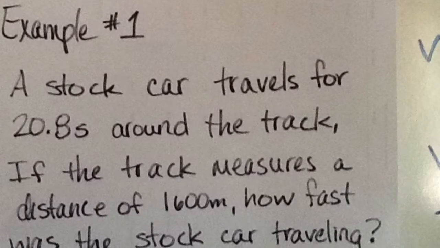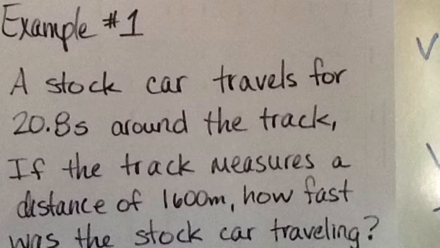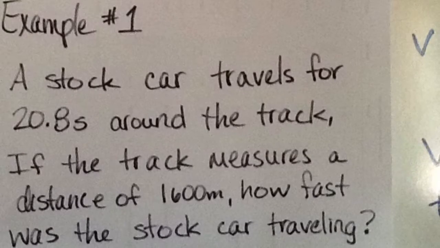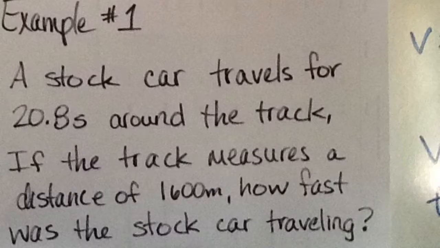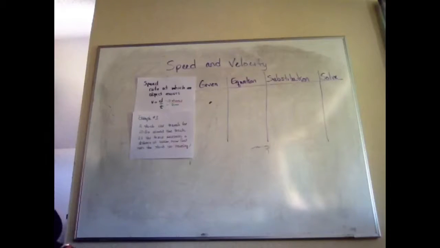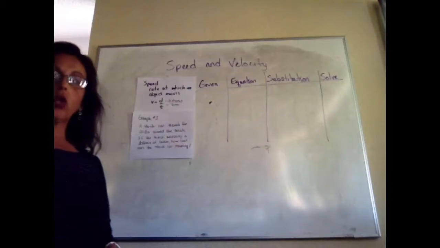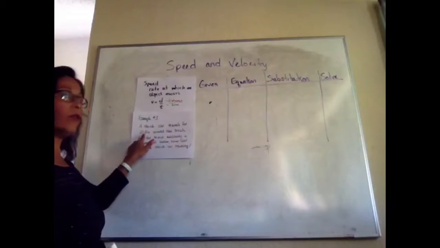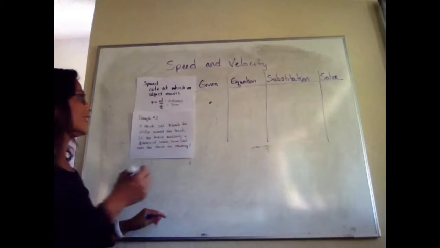So here's our first example. A stock car travels at 20.8 seconds around the track. If the track measures a distance of 1,600 meters, how fast was the stock car traveling? So let's identify our given information. What are we given? We're given a number of 20.8 seconds.